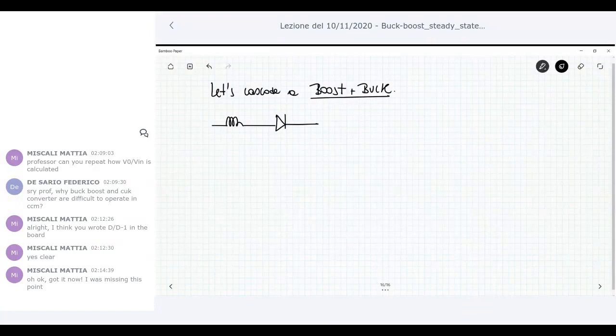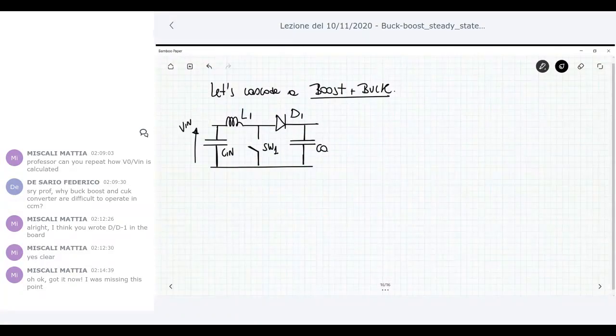So I have to draw the boost on the input side. This is the switch. Then you have Cin, L or L1, switch 1, diode 1, Co. This is Vin, this is Vo. This is the boost.